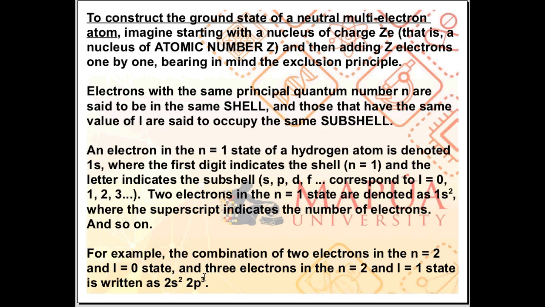Here n is equal to 2, L equal to 0 is s, with 2 electrons, so 2s2. And 3 electrons with n equal to 2, L equal to 1, p, gives 2p3.